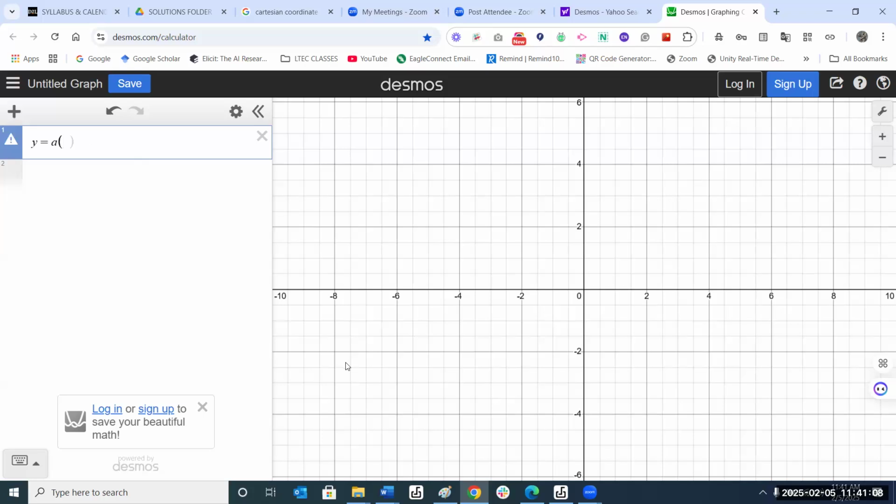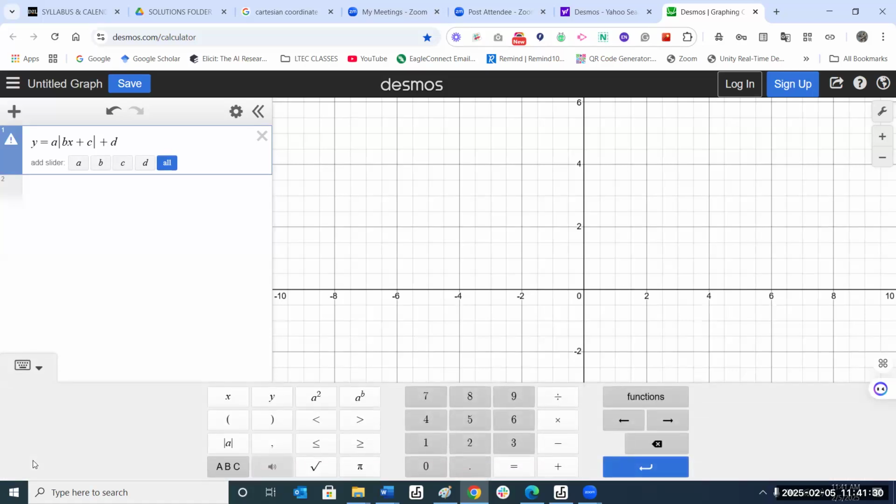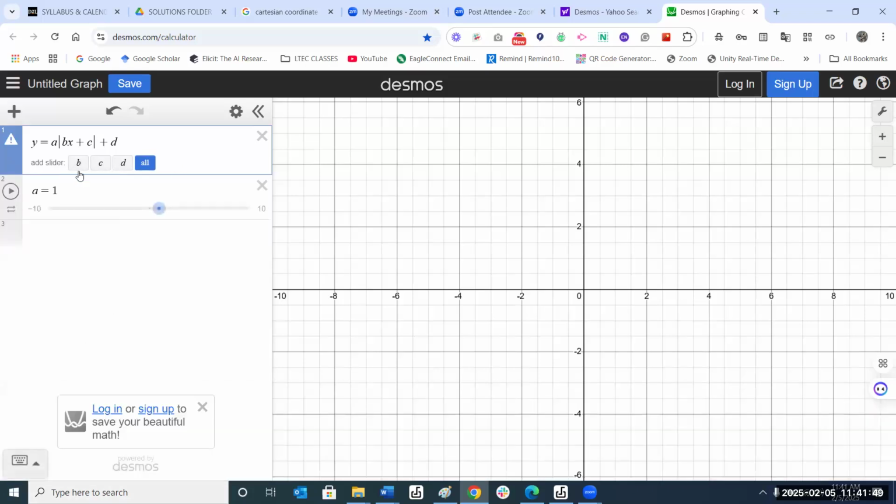Let's do the absolute value one. See what happens if A... Here's the absolute value function.